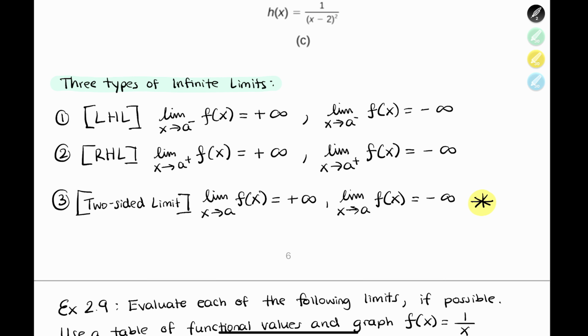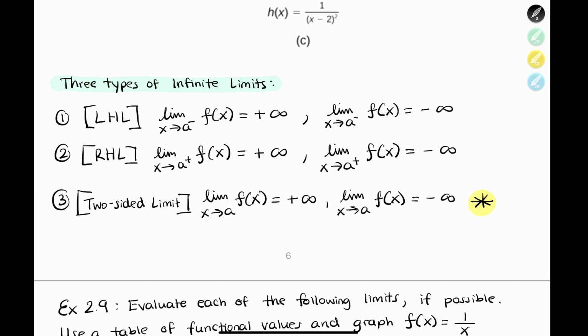So first, we have the left-hand limit, which is similar to the one-sided limits that we talked about. So the limit as x approaches a from the left-hand side of f of x can be positive infinity. So this left-hand limit can be a value like infinity. It doesn't have to be a real number.